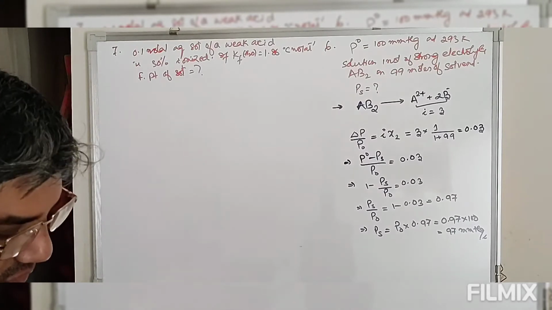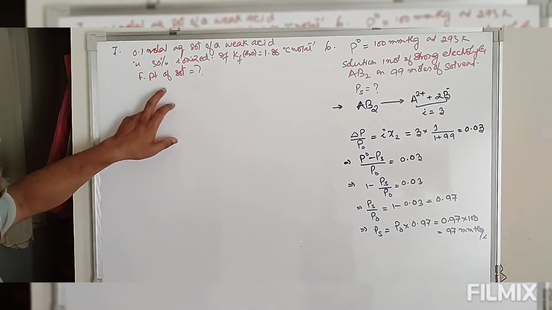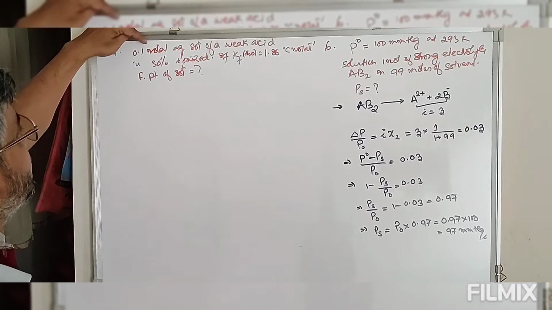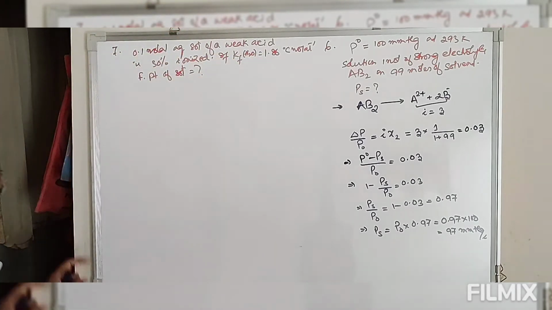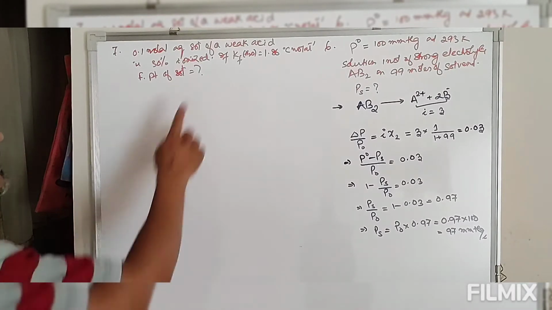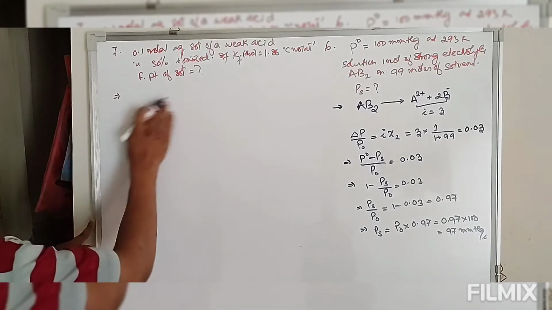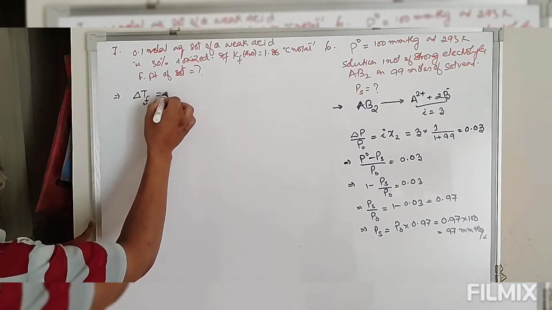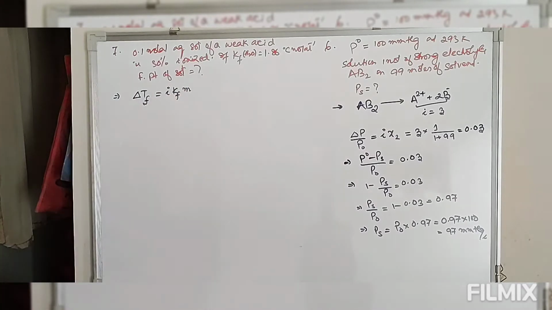Now we have a solution of 0.1 molar weak acid in water, which is 30% ionized. Kf is given. Since the question asks for the freezing point, we use delta Tf, the depression in freezing point, equals i times Kf into molality.